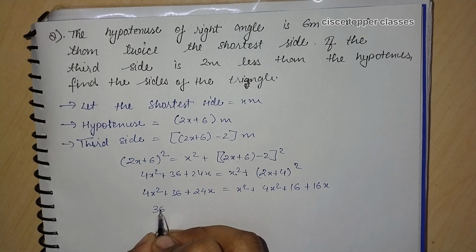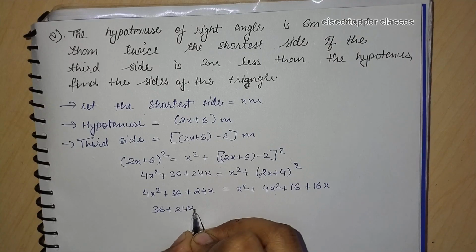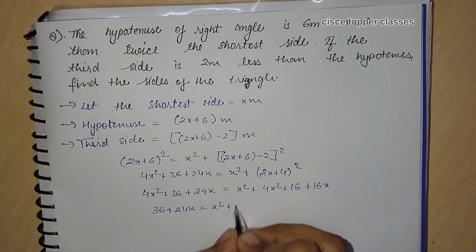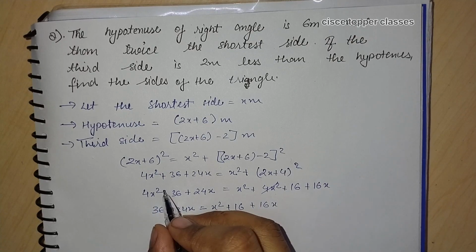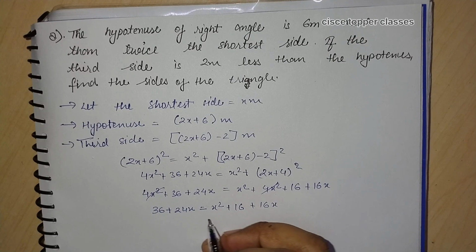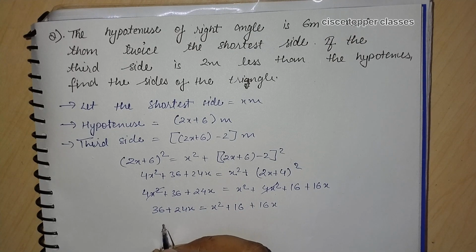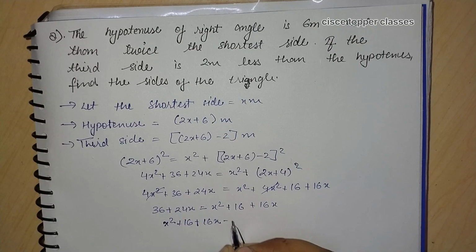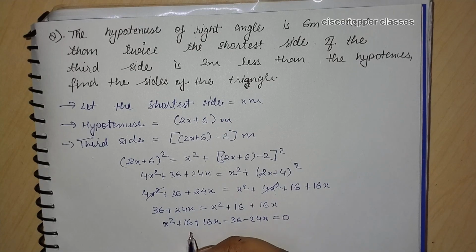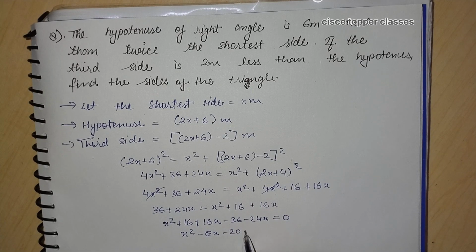So it will be 36 plus 24x is equal to x square plus 16 plus 16x. From here 4x square and 4x square will be cancelled out. So we can write x square plus 16 plus 16x minus 36 minus 24x is equal to 0. On solving this, we will get x square minus 8x minus 20 equal to 0.